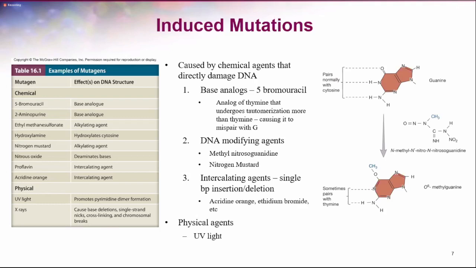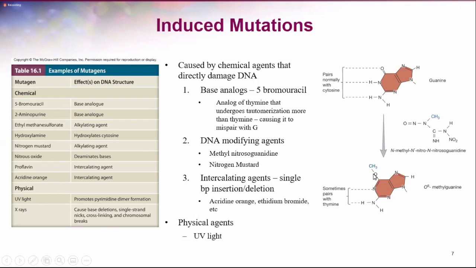Okay, so there are different types of agents. All of them are going to essentially result in disruption of the base pairing abilities of the template DNA. Here you're seeing N-methyl-N'-nitro-N-nitrosoguanidine, which adds a methyl group to guanine, and it changes its base pairing abilities because it used to use this carbonyl group to base pair with cytosine so that it could form 3 hydrogen bonds.